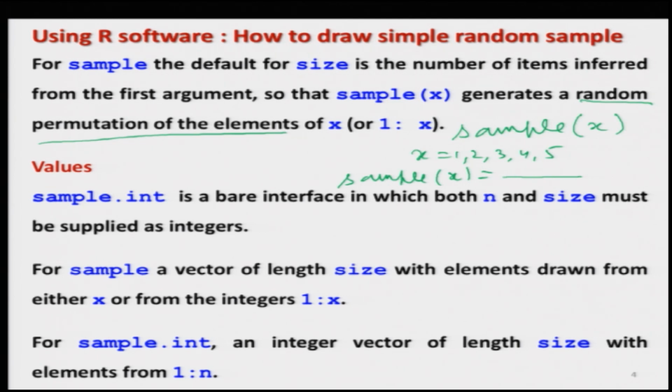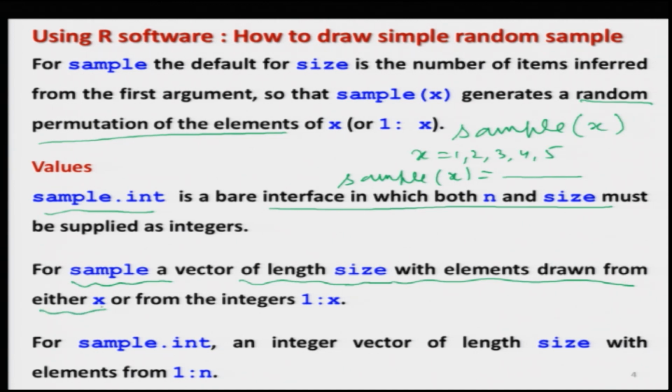And as I said earlier, sample.int is simply an interface in which both n and size must be supplied as integers, and the only difference is that when you use the command sample, a vector of length size is drawn from the data vector x, or drawn from the integers 1 to x. 1 colon x means 1, 2, 3, 4 up to x.